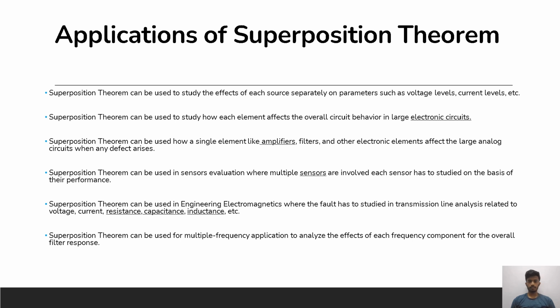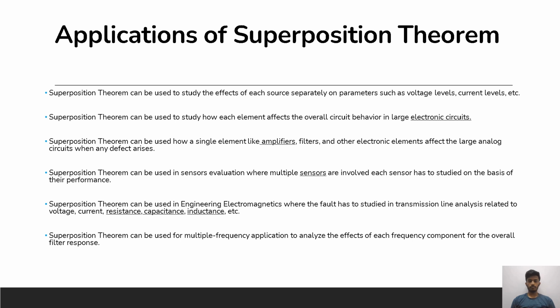Applications of the superposition theorem. The superposition theorem can be used to study the effects of each source separately on parameters such as voltage levels, current levels, etc. It can be used to study how each element affects the overall circuit behavior in large electronic circuits.